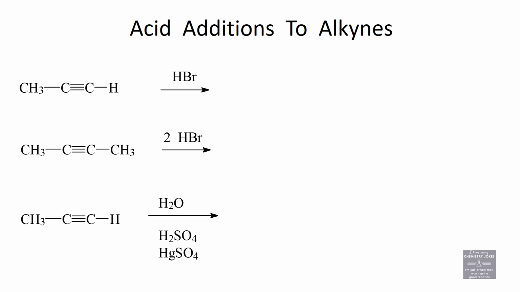One difference between alkenes and alkynes: alkenes have one pi bond, alkynes have two. So you sometimes need to specify the number of equivalents. That EQ means equivalents. What that means is I'm adding one mole of HBr for every one mole of alkyne that I've got in solution. So, the pi bond attacks, like so.